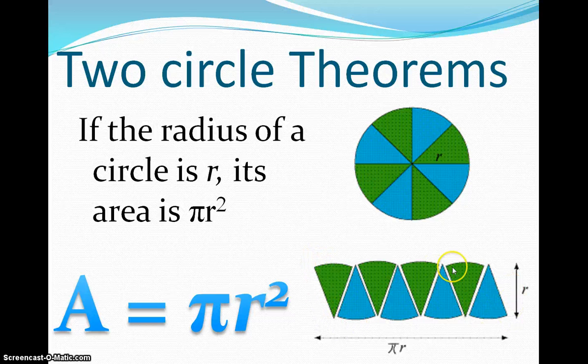We should know from previous times that the area of a parallelogram is equal to the base times the height. So if our base is the distance of halfway around the circle using our circumference, so not 2 times pi r but just pi r, and our radius is also our height here, then pi r times r would be r times r, which is r squared.